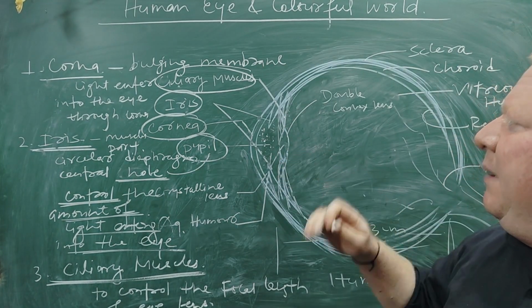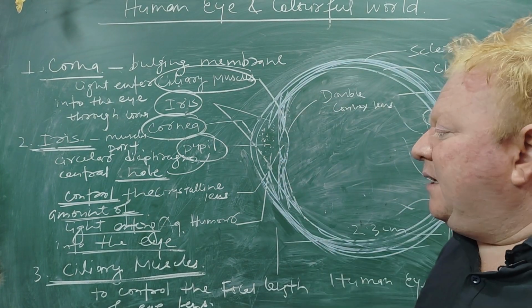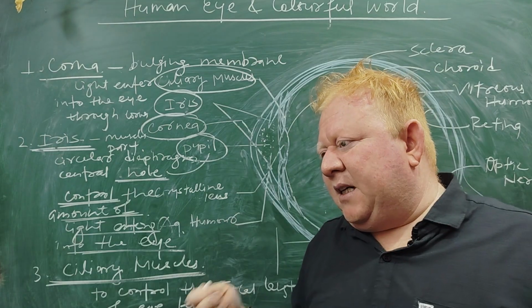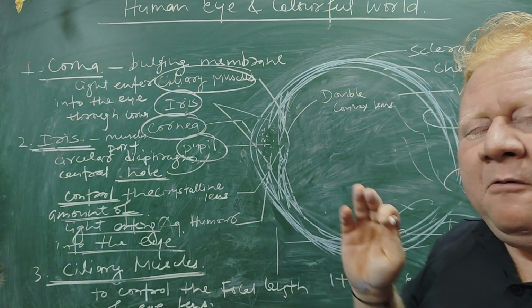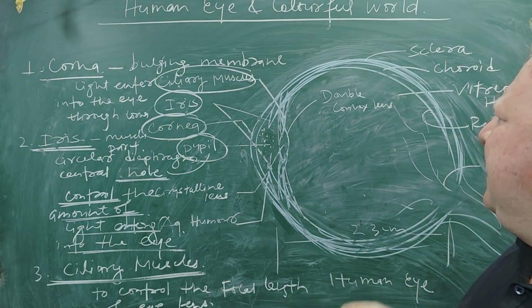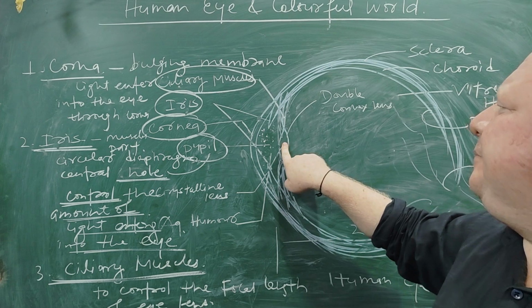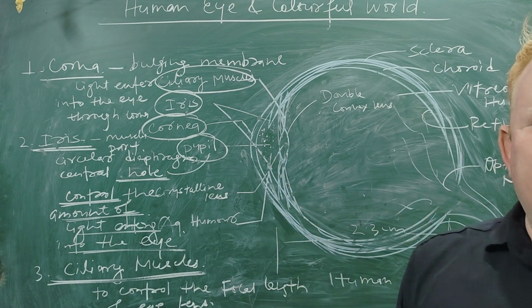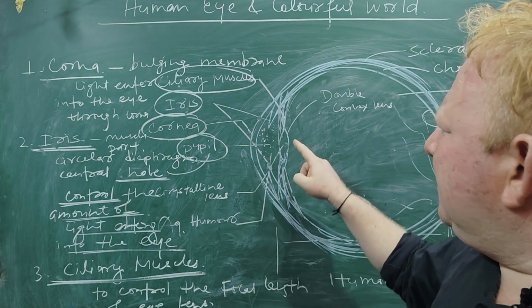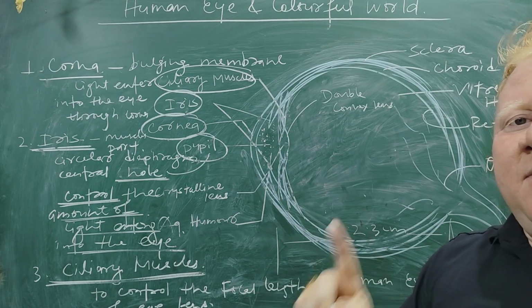By aging, the ciliary muscle becomes weak, that we will discuss later on. But here this lens can change its focal length, that you remember.